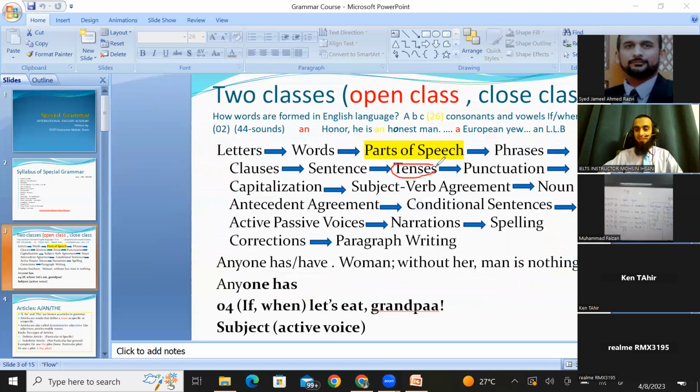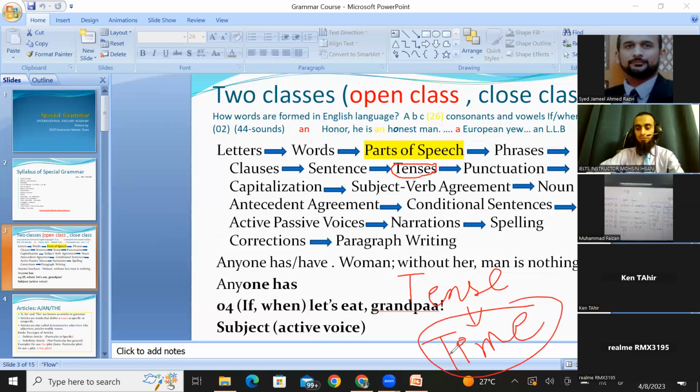Look. What is meant by tense? Tense is talking about the three types: past, future, and present. Exactly. Now, you can even say tense is of two types.